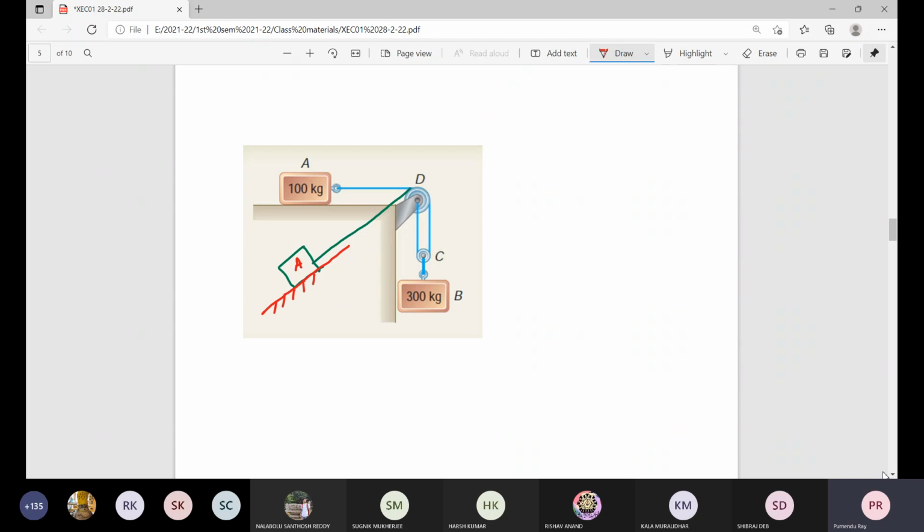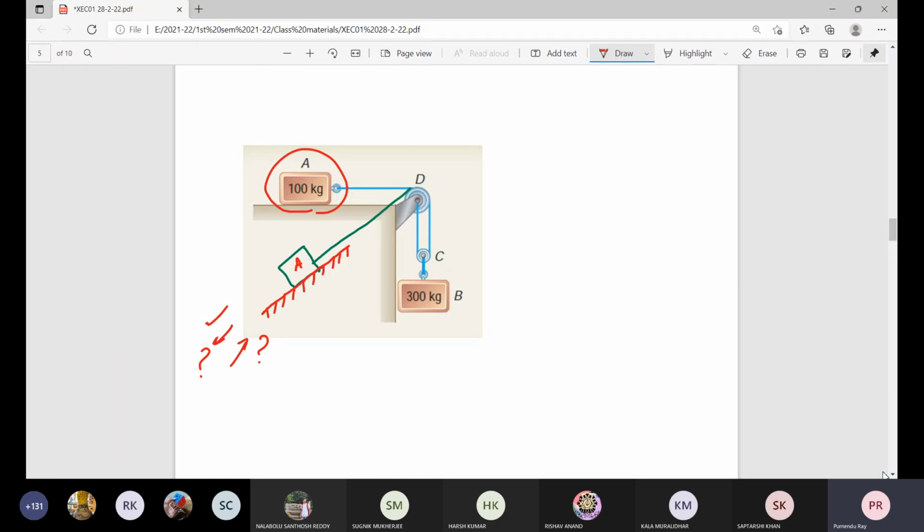Normally these small hatch lines are the symbol for this surface. Now in that case, there may be some tendency of block A, we do not know. Due to a heavy self-weight of block A, it may overpower the effect of the weight of block B, and there may be some downward motion.